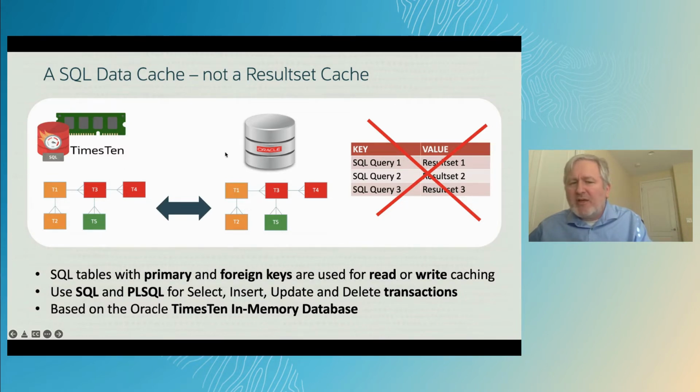So what we're really doing is a one-for-one copy or mapping, and we're just using the SQL relational database, which is our in-memory database, as the cache to make things go faster. So we're going to be using SQL or PL/SQL to do the queries. We're not doing a dumb result set cache, we're doing an intelligent in-memory relational database used as a SQL data cache.